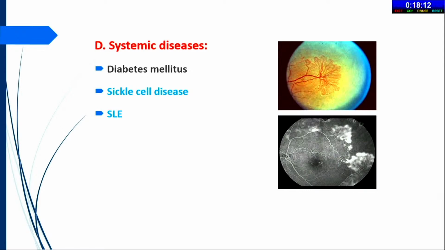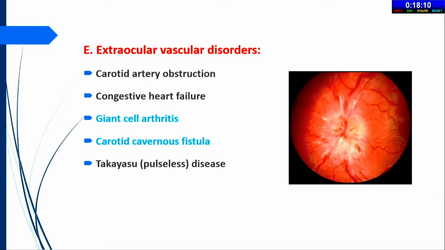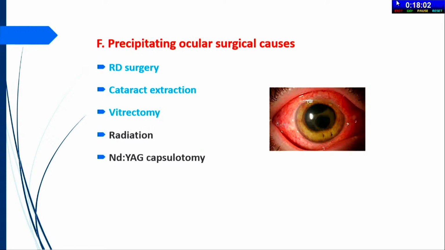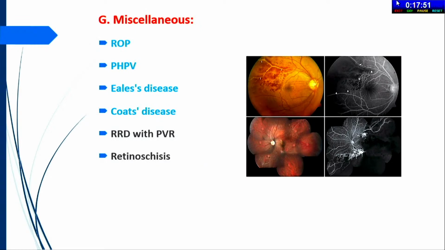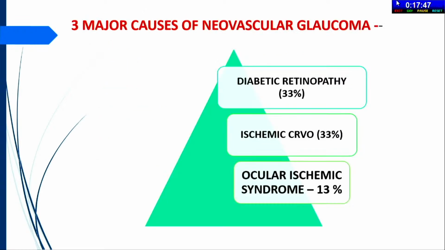Besides diabetes, it can occur in sickle cell disease or SLE, and in extraocular disorders, carotid obstruction and giant cell arteritis are common causes of neovascular glaucoma. And many surgeries like cataract surgery, vitrectomy, retinal detachment surgeries, or even YAG laser can give rise to neovascularization, and also ROP, PHPV, Eales disease, and Coats disease.